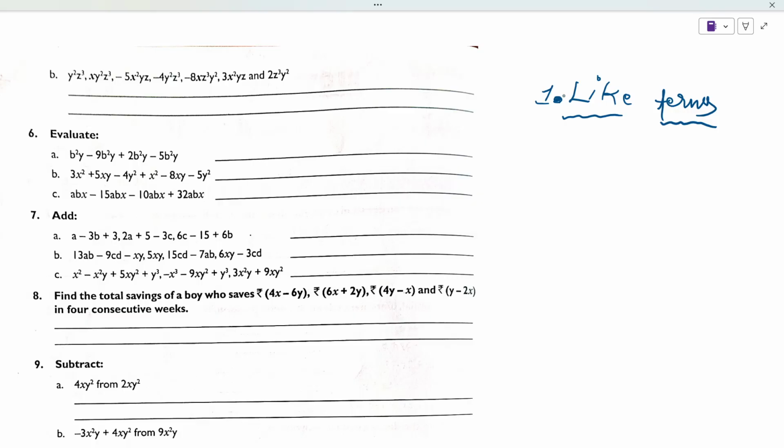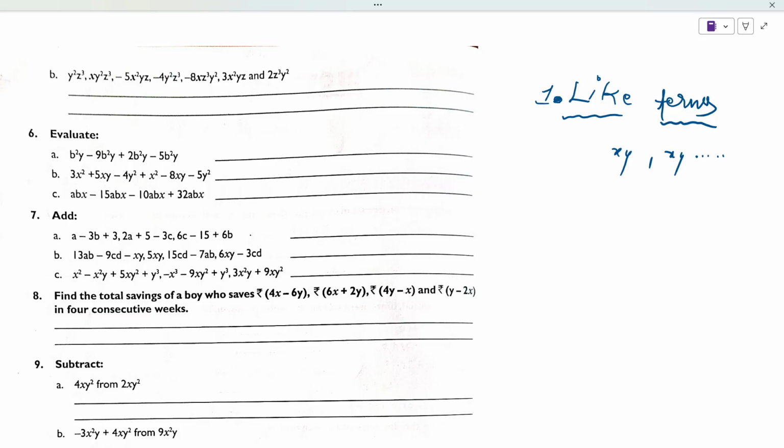Like terms can be added, and the variable portion needs to be exactly the same. Suppose it is xy, then we check all the other terms having xy as the variable portion, and they can be added and subtracted.